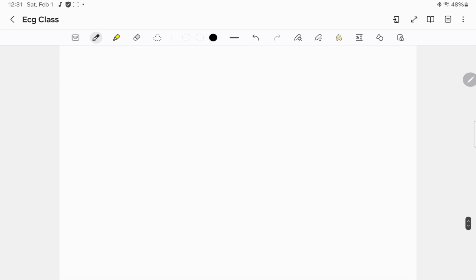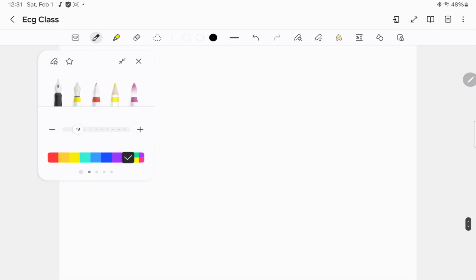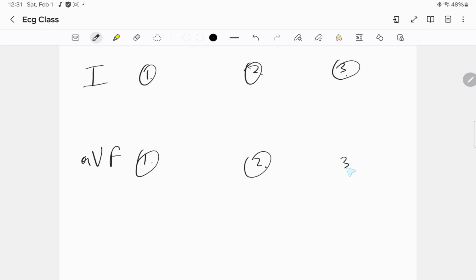All right. So we're going to draw a few examples again. Lead 1 and lead AVF. And we're going to have example number 1, example number 2, example number 3. Let's just draw some random stuff, right?